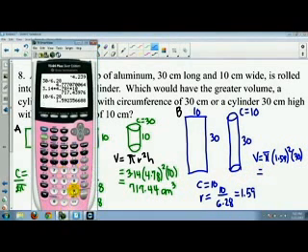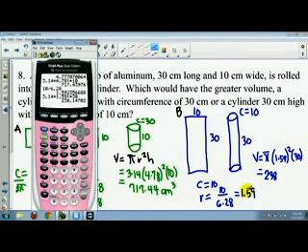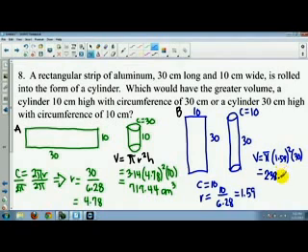That gives you 3.14 times 1.59 squared times 30. Okay, so the volume of cylinder B is 238.15 centimeters cubed.